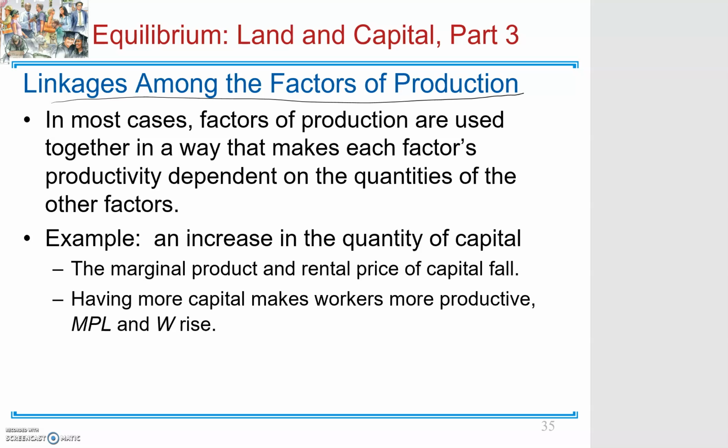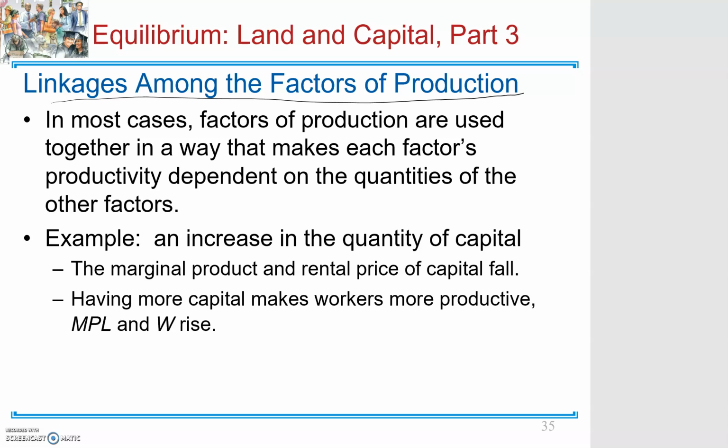So it's very true that when one firm produces goods and services, they actually use labor, capital and also land together. So for example, an increase in the quantity of capital, what happens to the marginal product and also the rental price of the capital, and it can also affect the labor market.